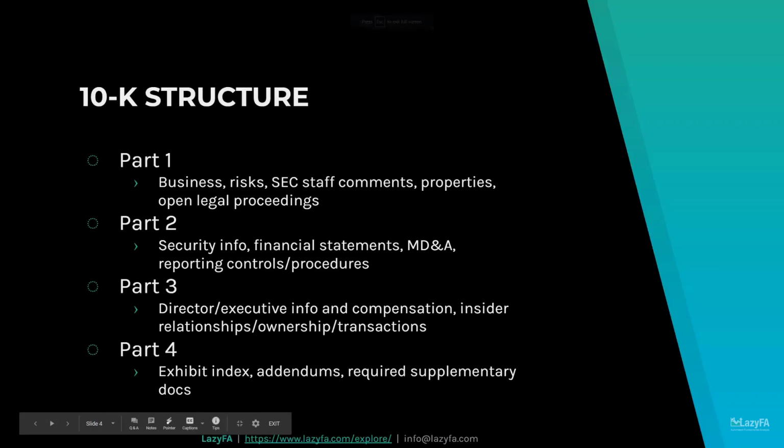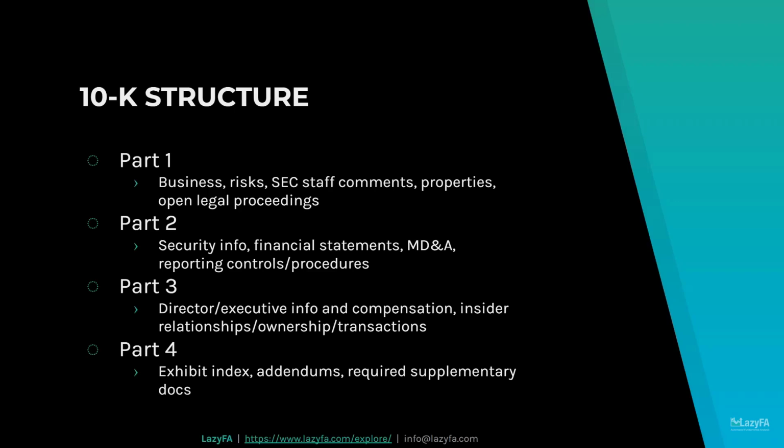Okay. Before we get to that, though, let's talk a little bit about the structure of a 10K report. So it's broken into 4 different parts. Part 1 is everything that you need to know about the business. So what they do, what their products and services are, what the risks to the business are, who their competition is. There's a portion in here about any unresolved SEC staff comments.